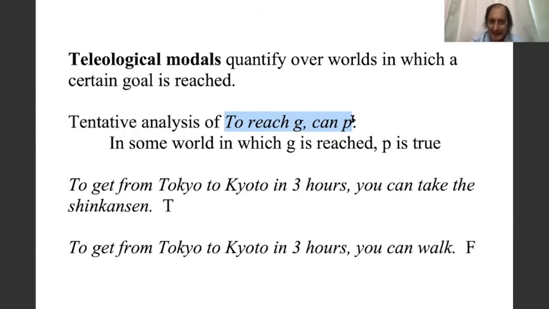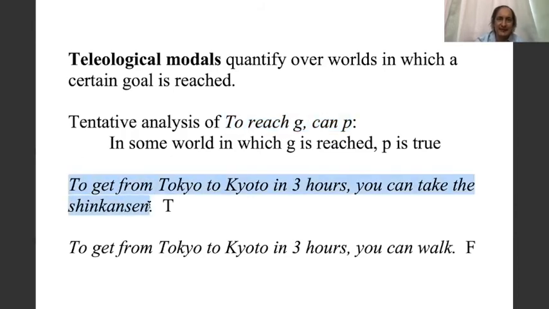Now, if that's all we say, it's not going to be good enough. We'll look at an example. Suppose I have the following sentence. To get from Tokyo to Kyoto in 3 hours, you can take the Shinkansen. That happens to be a true sentence. The Shinkansen can go in as little as 2 hours and 20 minutes. So that's enough to make it in 3 hours.